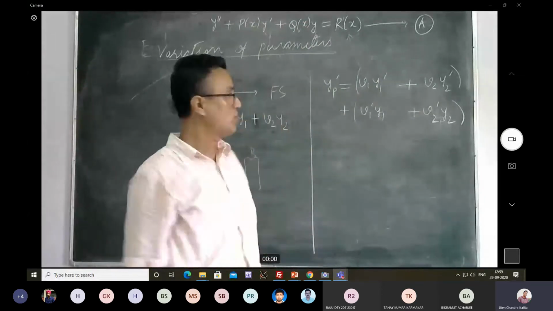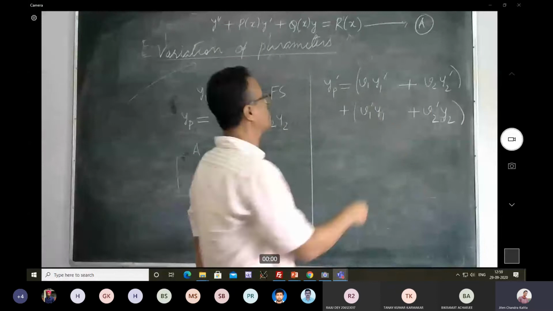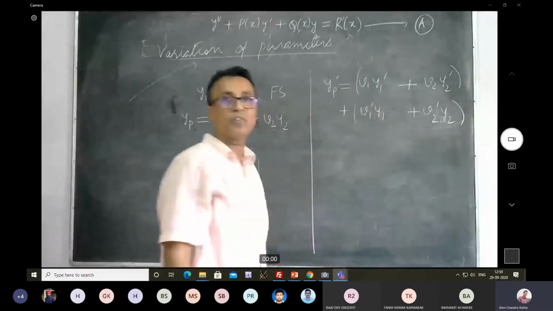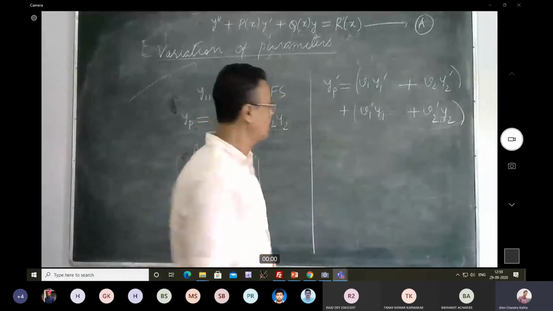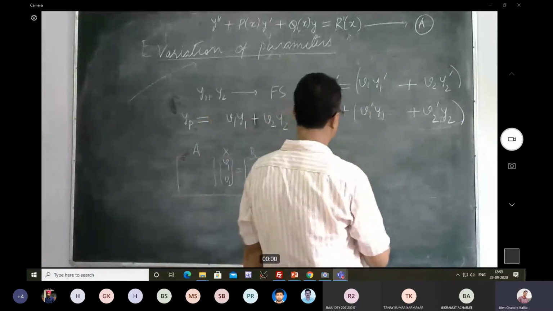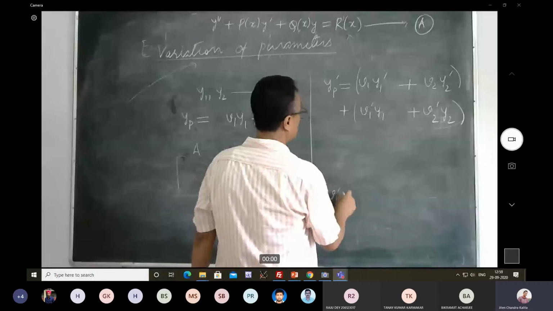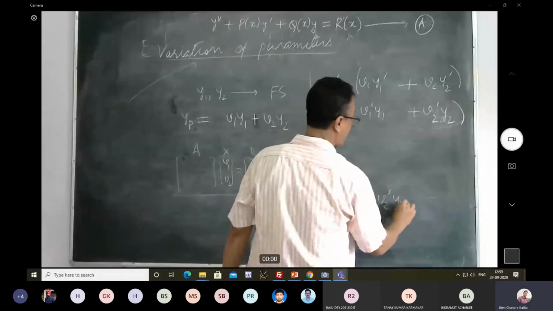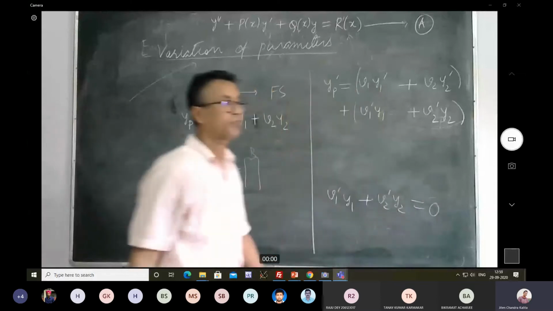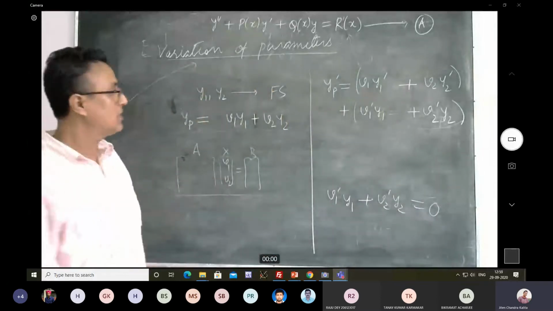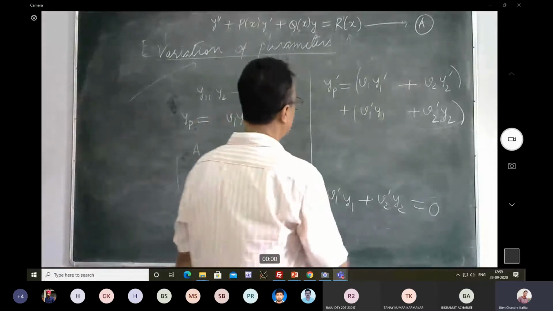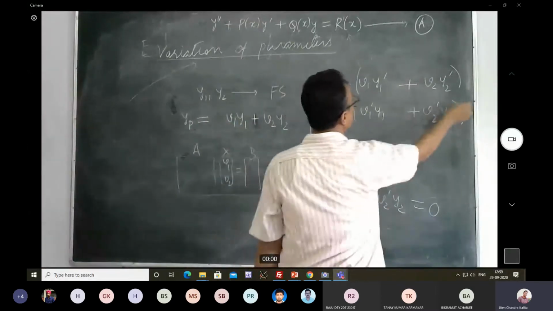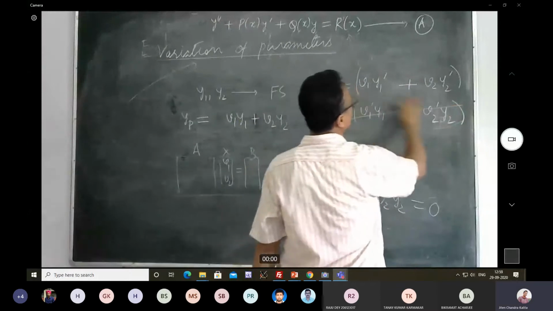We are going to assume that this part is 0. So that means v1 prime y1 plus v2 prime y2 is equal to 0. Okay, fine. So that means yp prime is simply this one.